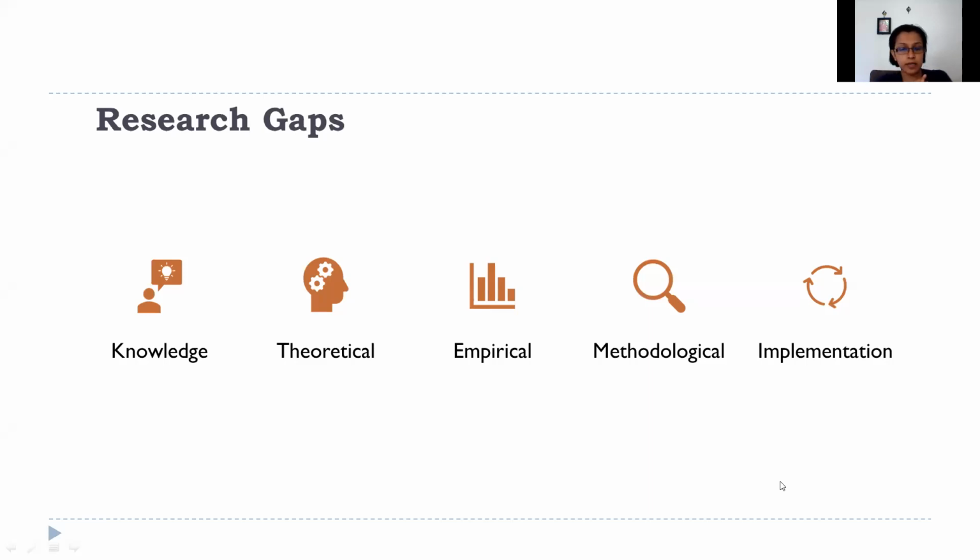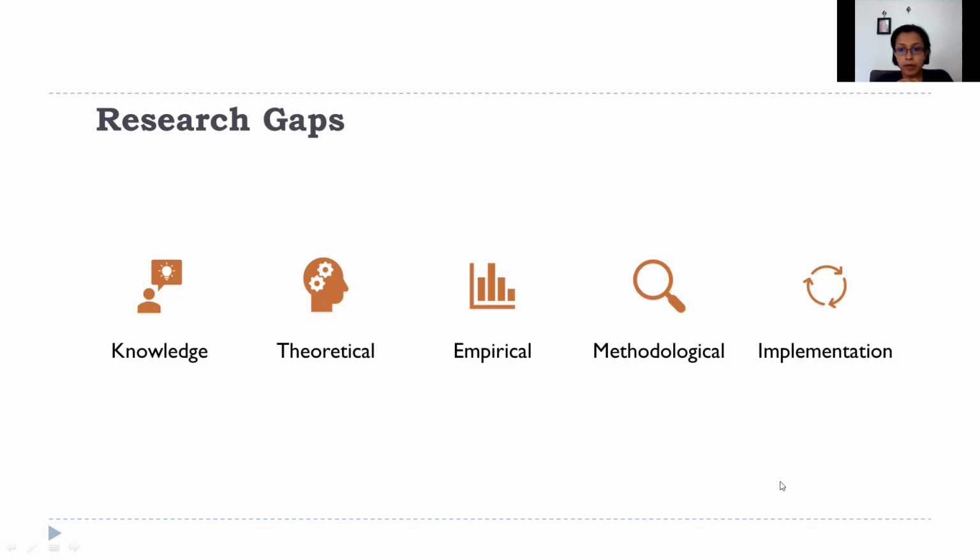We already discussed the gaps in detail, and I already told you that at undergraduate level, most students commonly engage with empirical gap and methodological gap research.